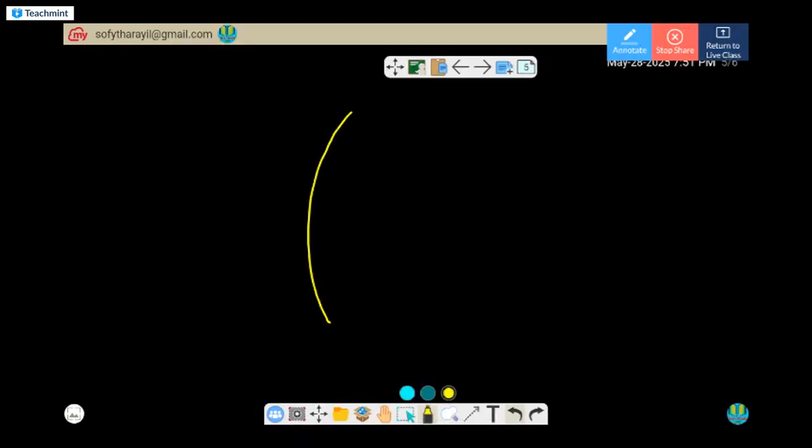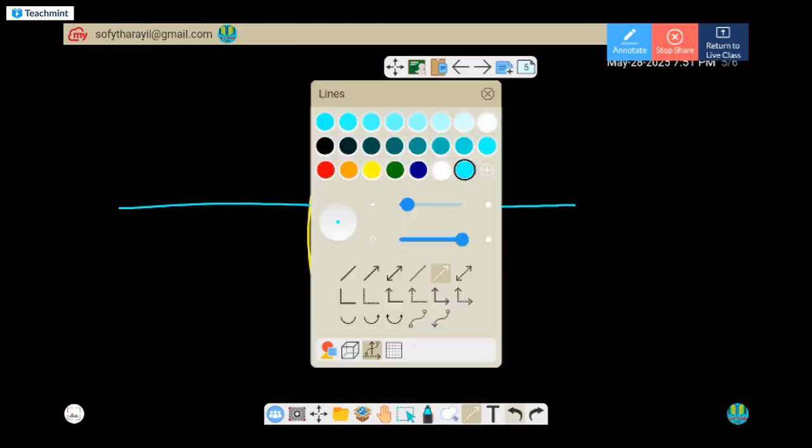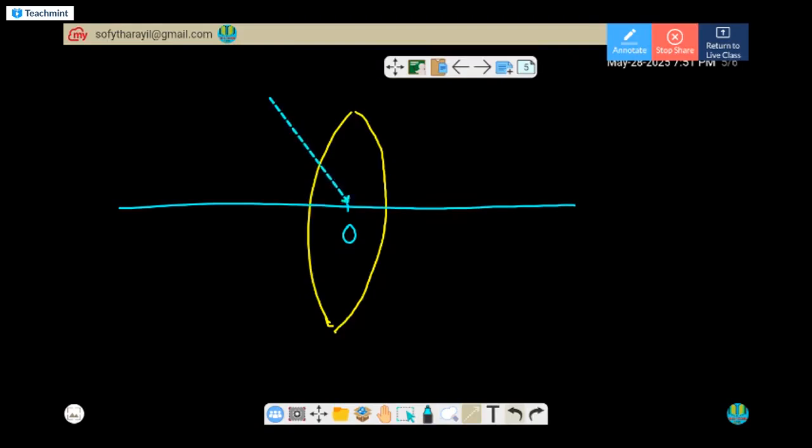If you have been given any lens, I'm just taking the convex lens here, any ray of light that passes through the optical center, we say it will go undeviated, because we consider that shift very small and negligible.